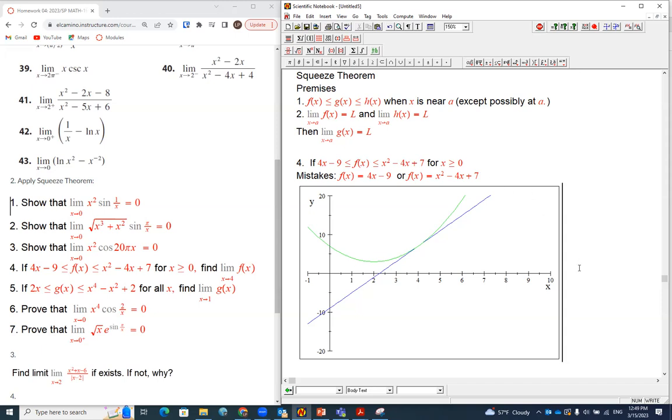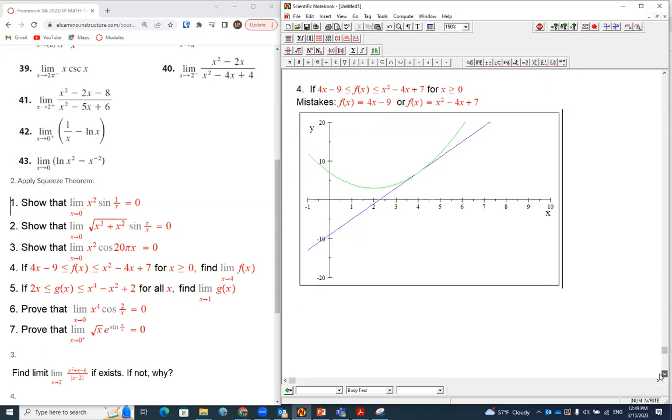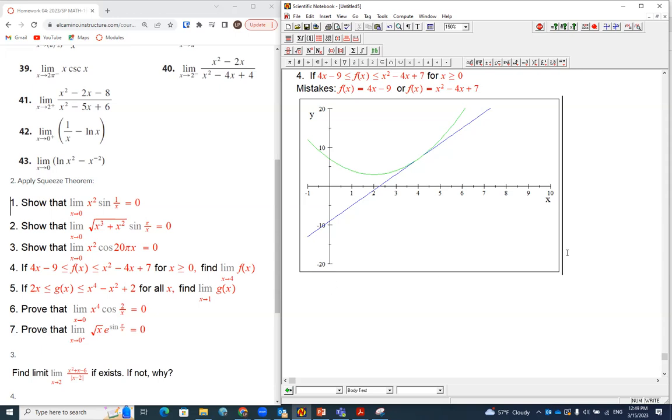So we can safely assume, because the limit of interest, when x is approaching 4, is our interest, we will be thinking of the neighborhood of 4.